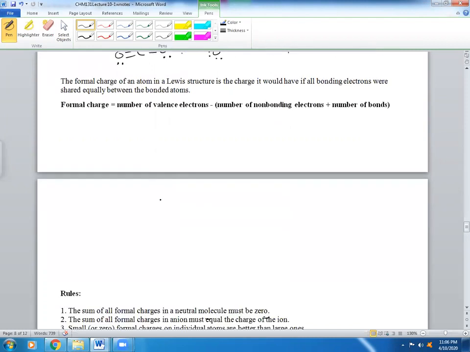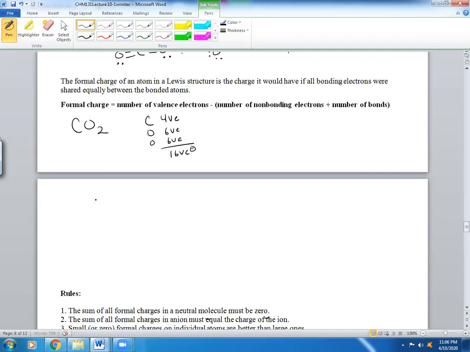So let's begin. If you draw CO2, so here's CO2. You have C and two O's, 4 valence, 6 and 6. You add these up, you get 16 valence.